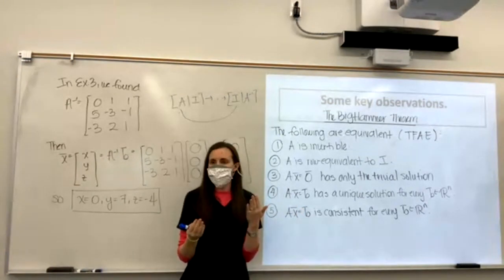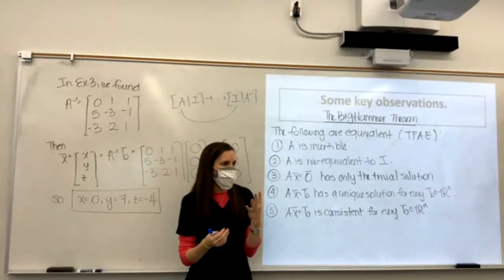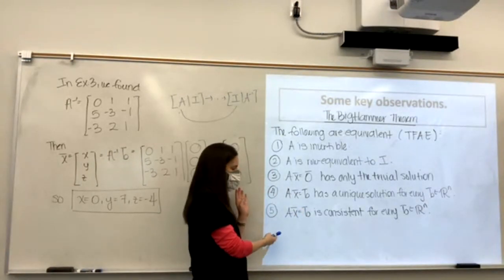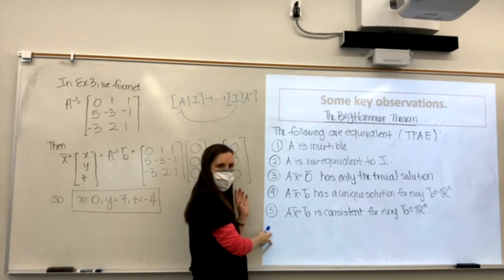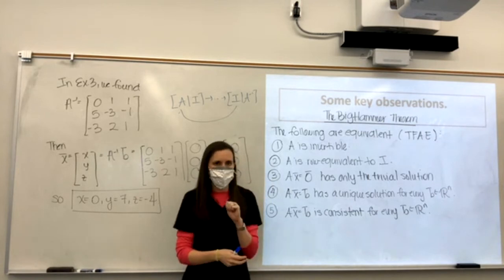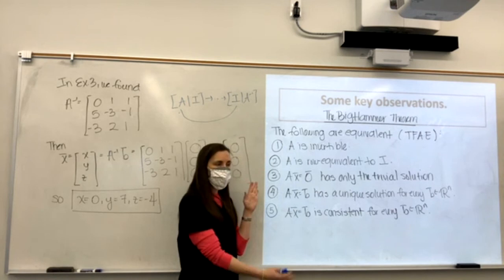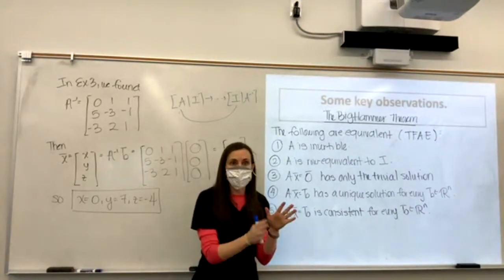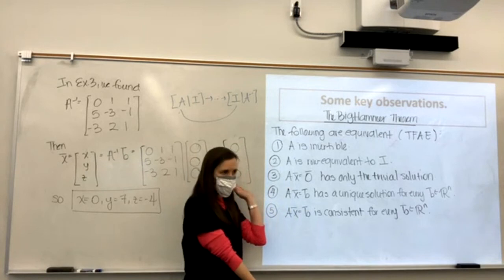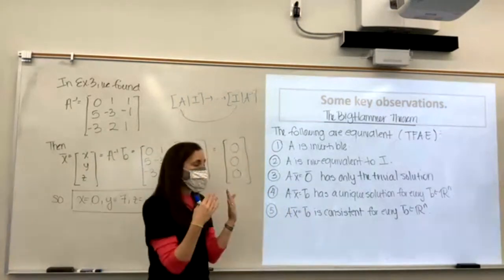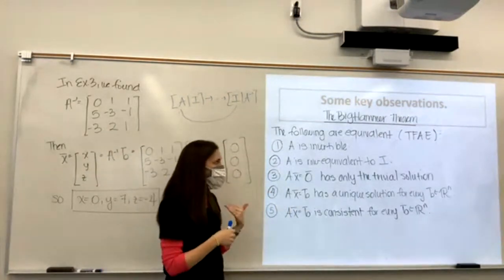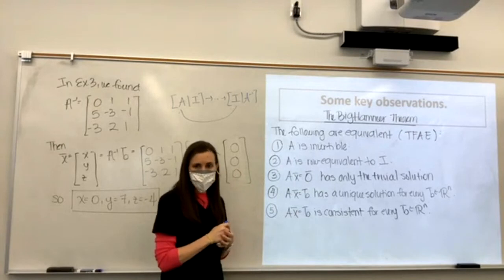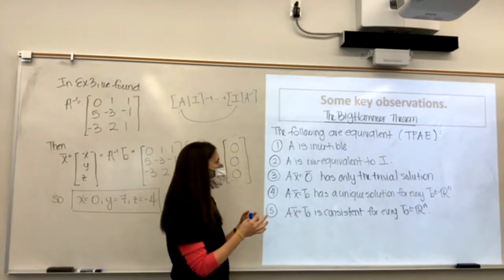So of course, on the first exam, maybe I'll ask you to name 4, because we'll have a couple more down here. We'll have 6 and 7 by next week, right? On the next exam, the list will be longer, so maybe I'll ask you to give me 6. On the final exam, maybe I'll ask you to give me 10, because you'll have 20 to choose from, right? So every exam, I'm going to ask you, give me statements that are equivalent to A being invertible, because it's the most important theorem in the course.